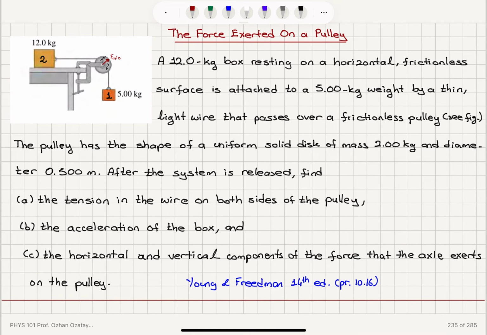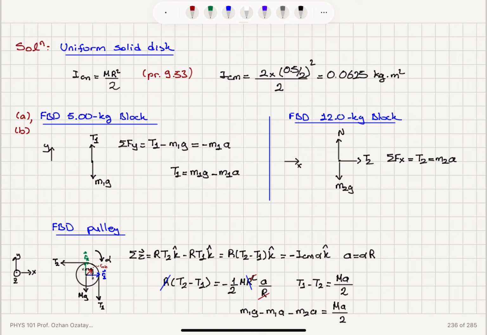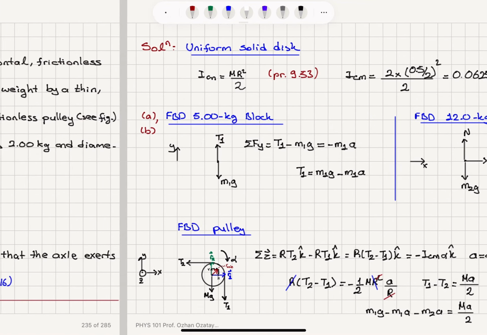Okay. All right, so I recall the result for a uniform solid disk. The moment of inertia about the center of mass pivot point is capital MR squared over 2. So I start with drawing the free body diagram of the 5 kilogram block.